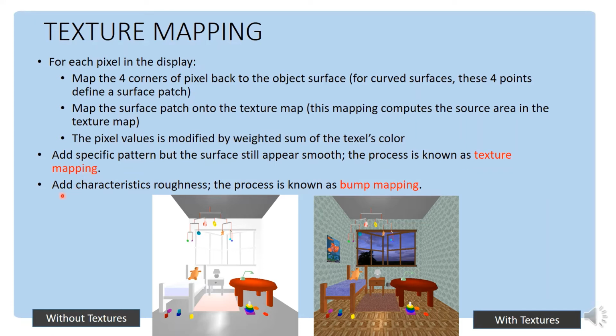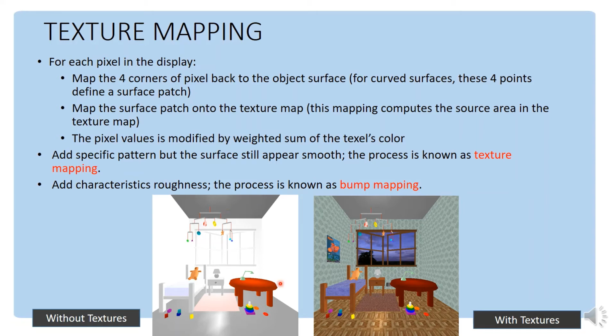But whenever we add patterns that have roughness, so it shows a rough surface, this process is known as bump mapping.